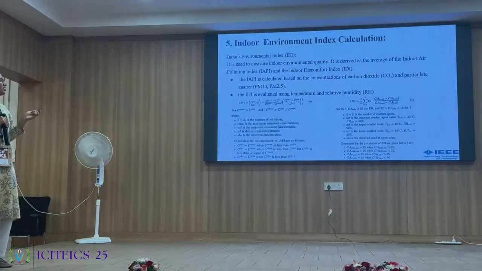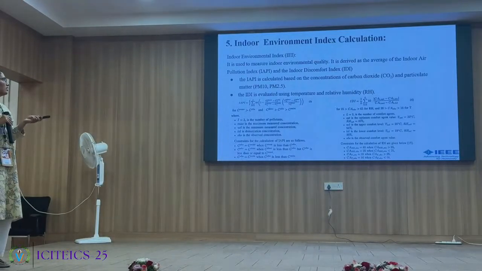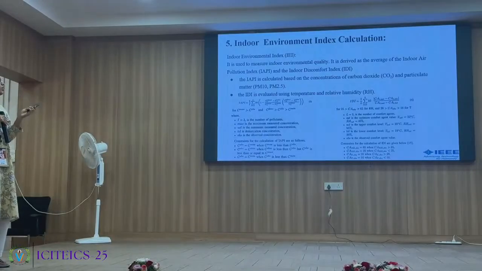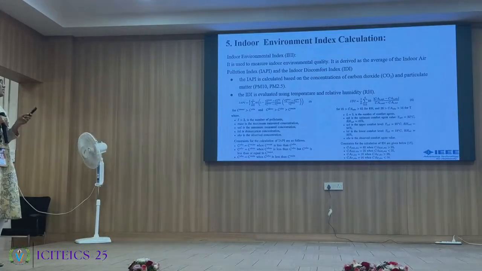In addition to this work, we have also used one method for calculating an index value of the indoor environment. This IEQ index basically consists of two parts, IAPI and IDI.